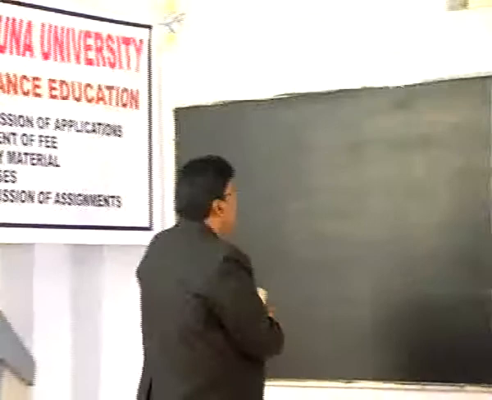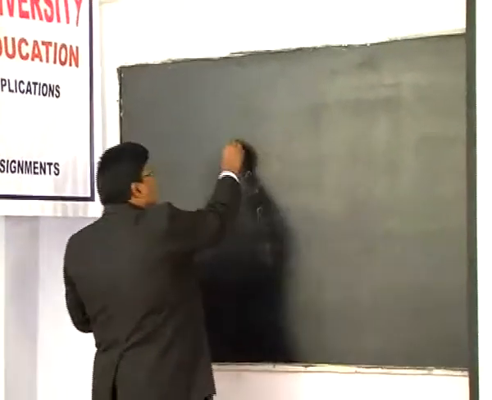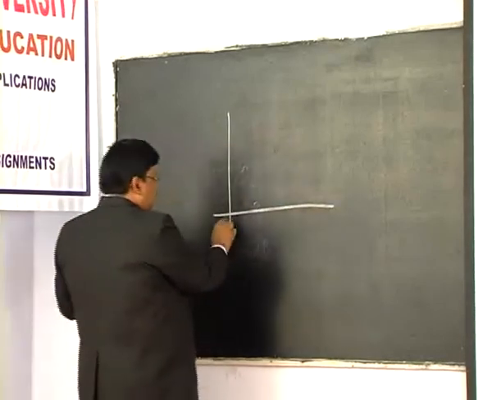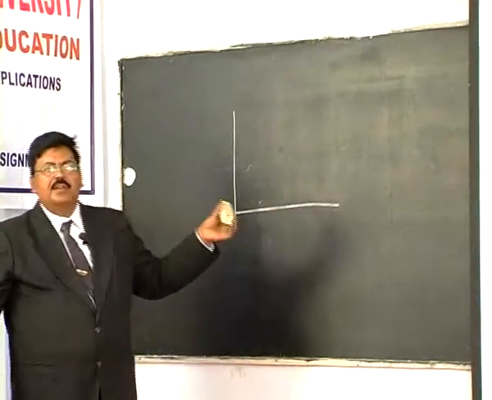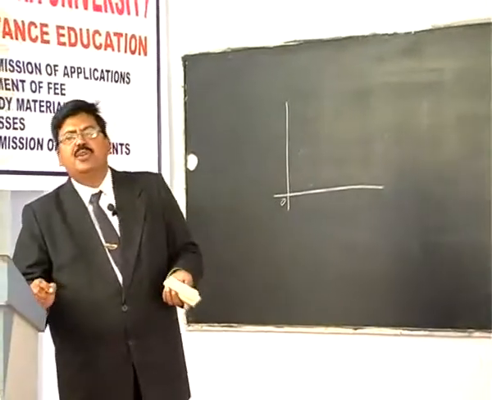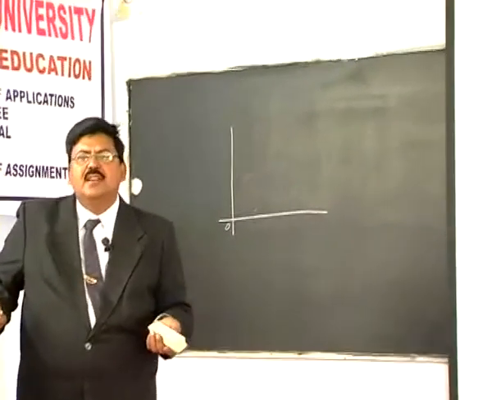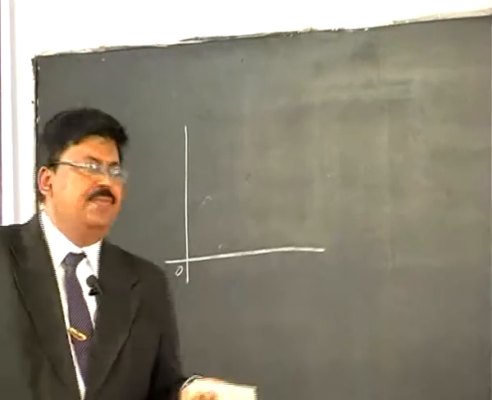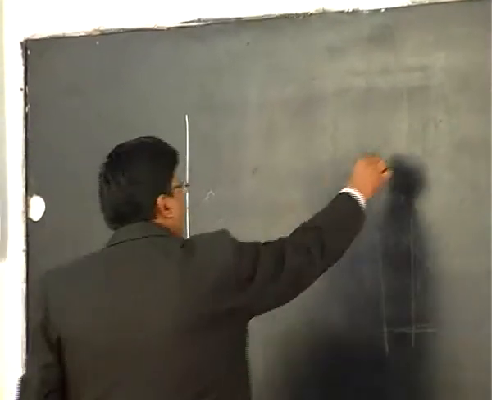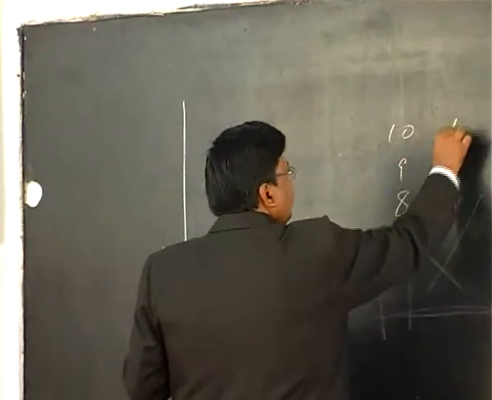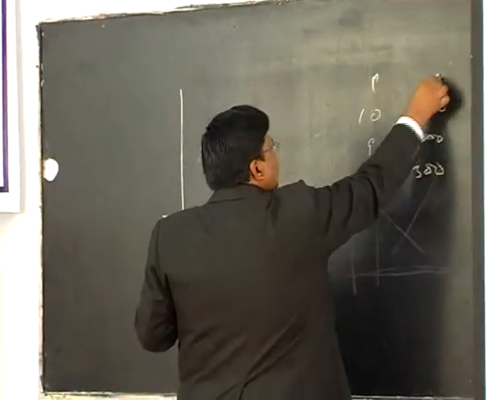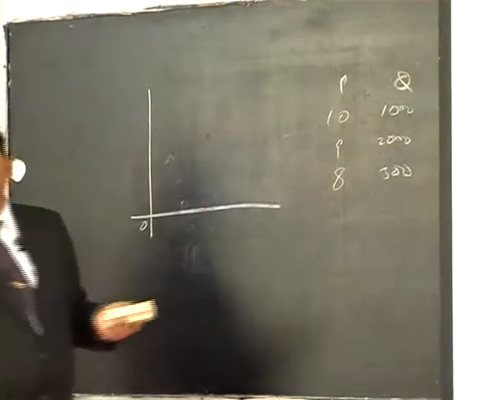The price to quantity relation, when expressed into a graph, becomes a demand curve. In the table form, we have presented the demand schedule as a list of prices and quantities, and at each price the corresponding amount is the quantity demanded at that price. So we have seen 10, 9, 8 and 1000, 2000 and 3000. This is a price quantity relation expressed in terms of a schedule, a demand schedule.